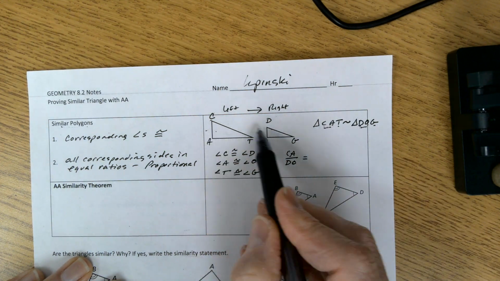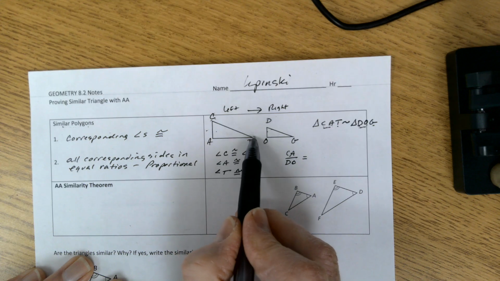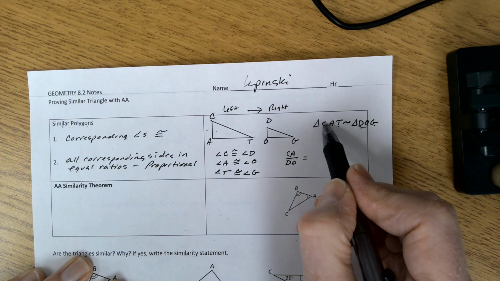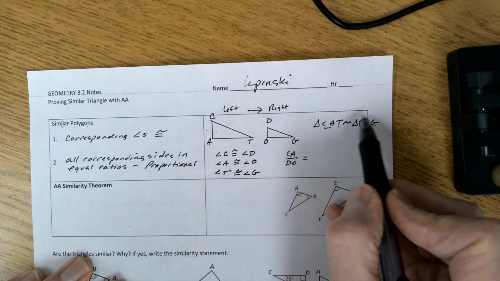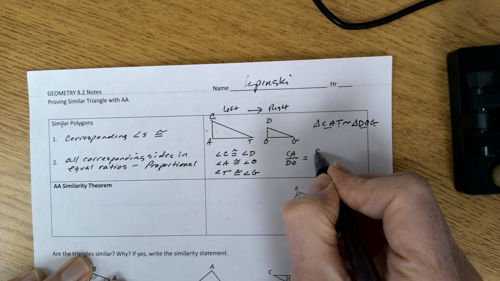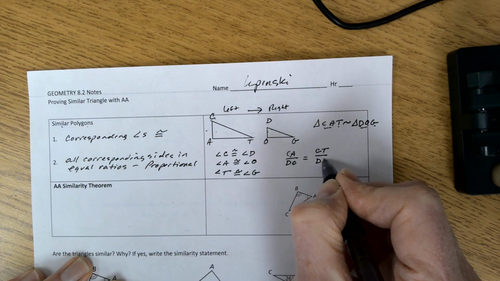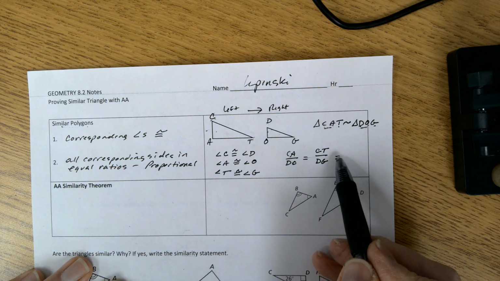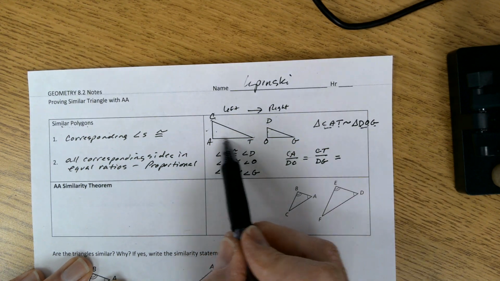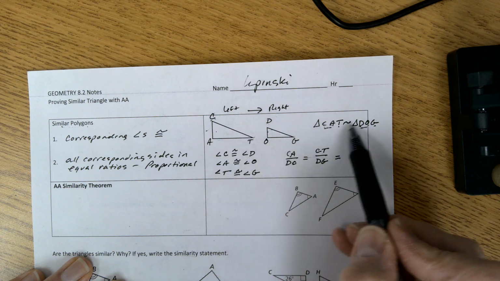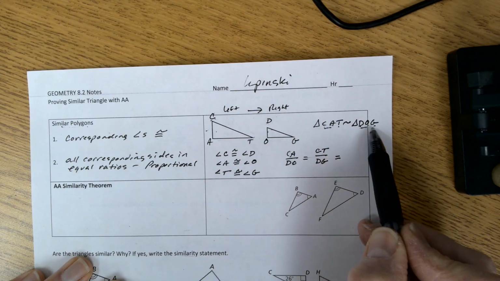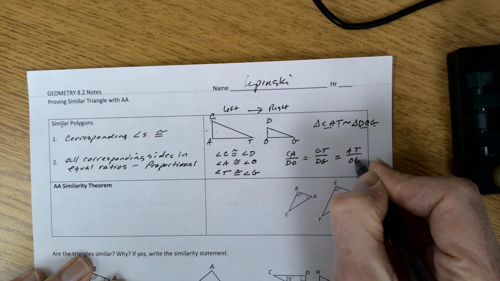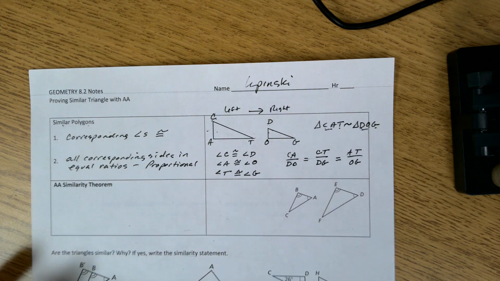So the ratio of these two has to be the same as the ratio of these two. So these would be CT, first and last letters, DG, first and last letters. And that would also have to be equal to the last pair of corresponding sides, which is AT to OG. AT, OG. That will come in handy later when we have to find the lengths of sides.